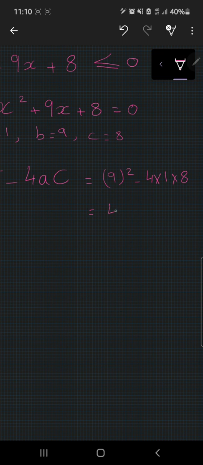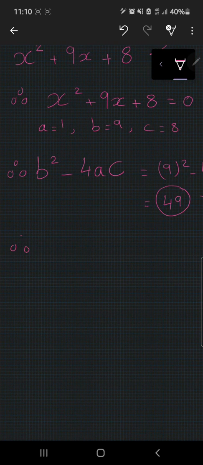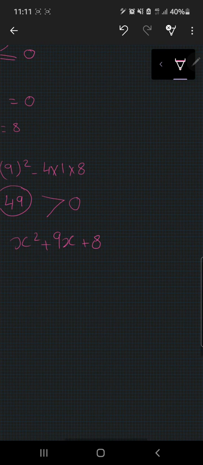The result will be 49, a positive quantity greater than 0. So the equation x power 2 plus 9x plus 8 has two different roots.